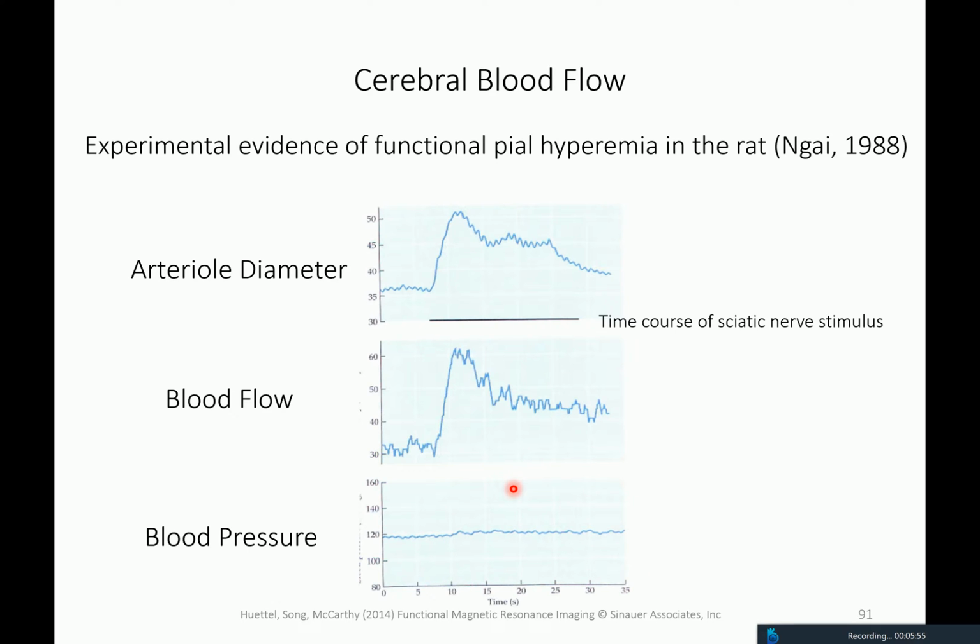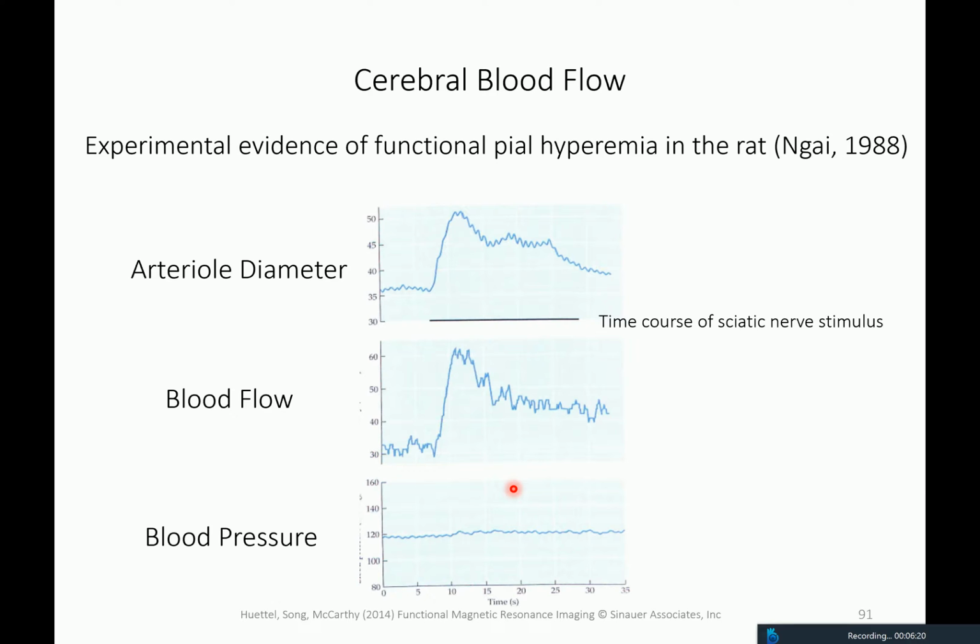So what this shows in terms of experimental evidence is that neural activity in the brain that is induced by the peripheral stimulation of a nerve changes the diameter of vessels in the brain, and this changing of vessel diameter in the brain then leads to an increase in blood flow.